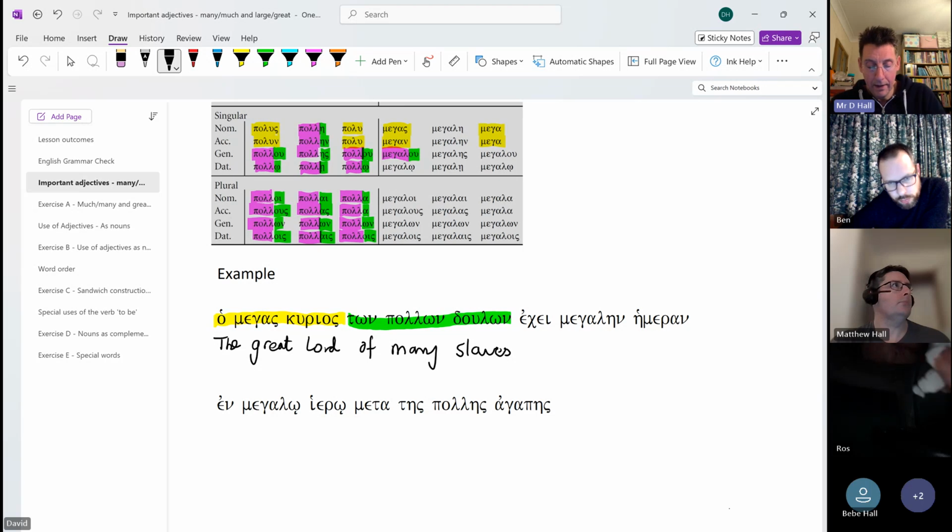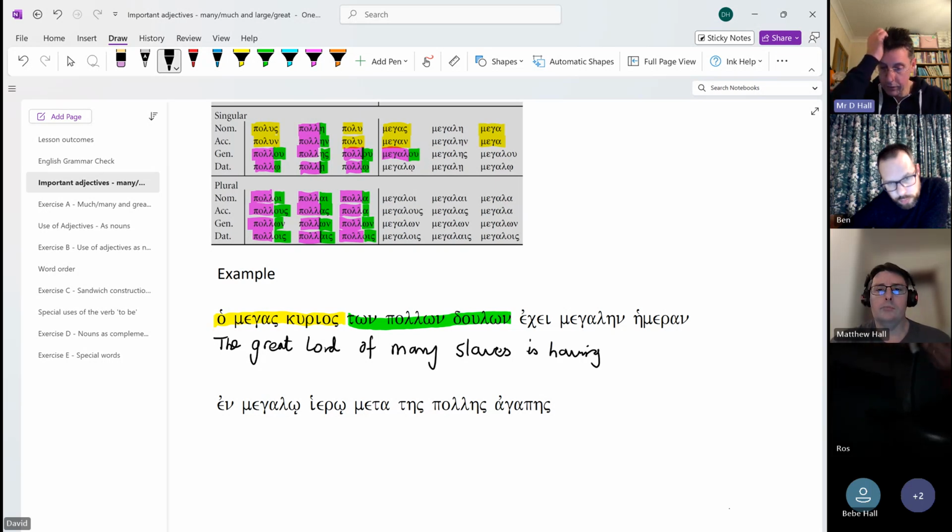Right. And then echei, which is our verb. So we have our verb here, which is having. So I'll just put this having in there. That's our verb, which we know from one of our first weeks. And then we've got megalen hemeran, and we might not remember what hemeran is. Hemera is the word for day, and it's in the accusative, so it's hemeran.